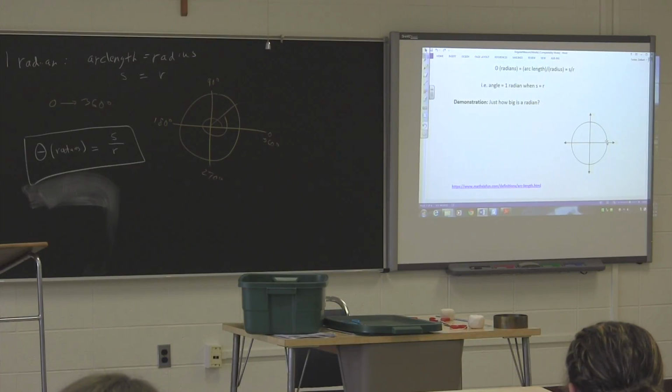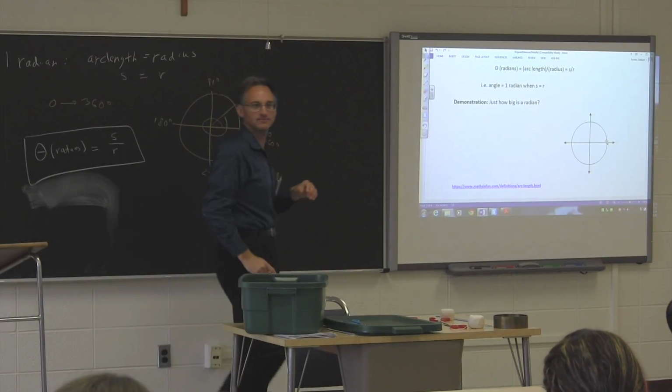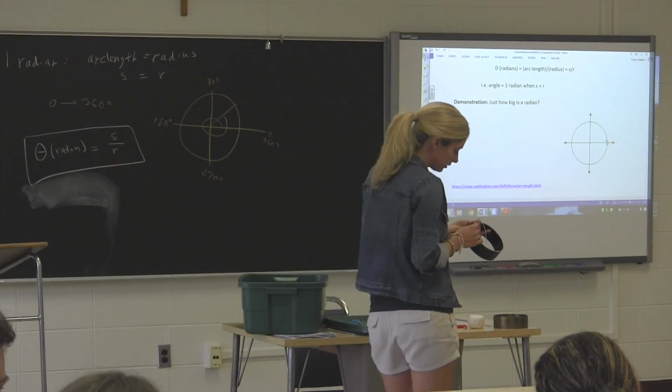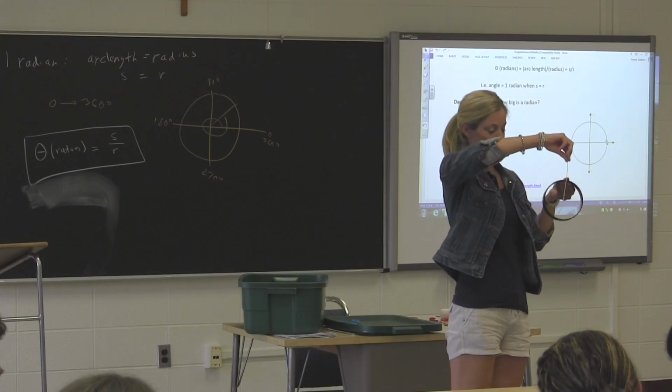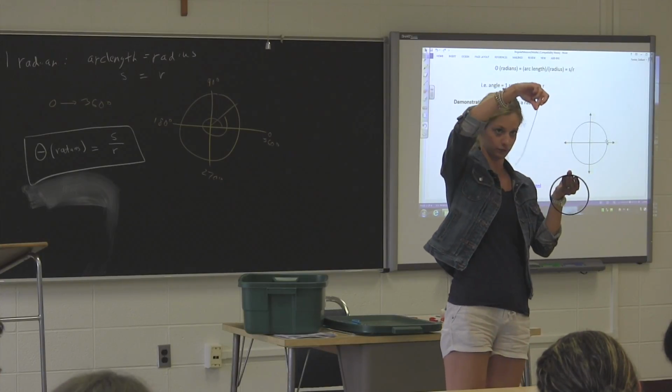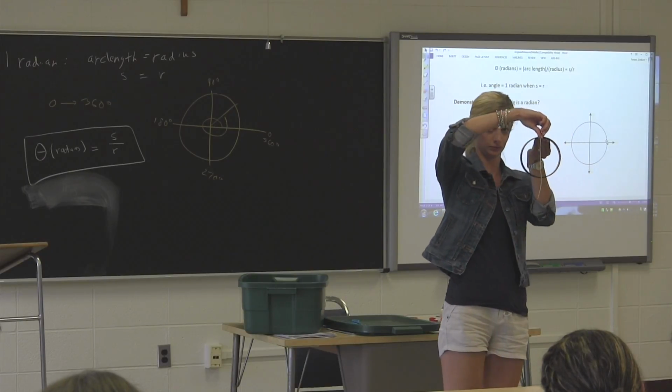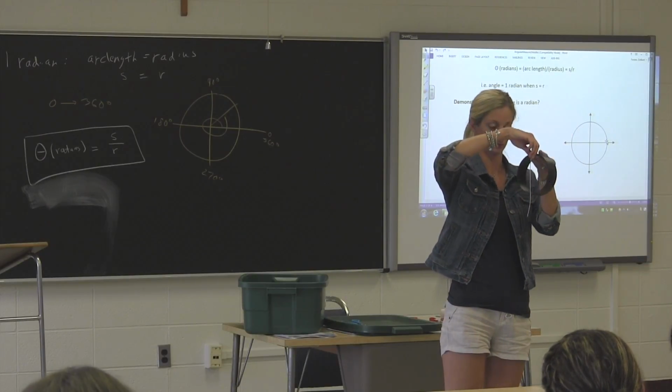Okay. Who's our 3 radian demonstrator? Okay, why don't you guys get up and show us? First, prove to us you have what would create 3 radians. Can you show us, compare with the circle? Okay, so it looks like a diameter and a radius, which would be 3 radii.